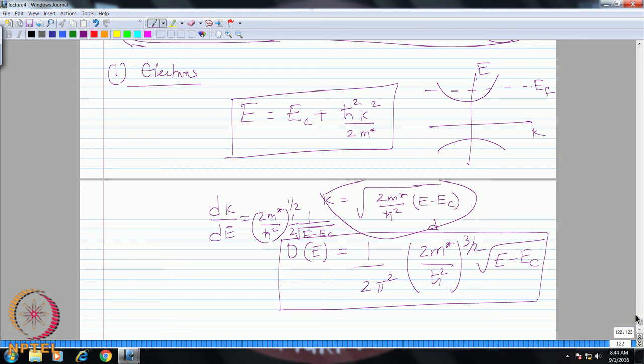And then we have again a factor of 1 by 2.